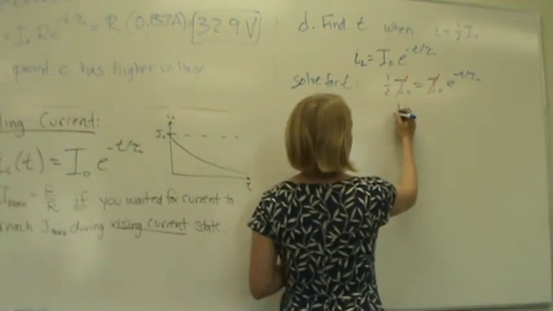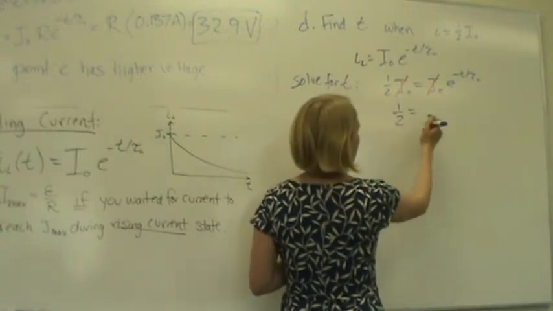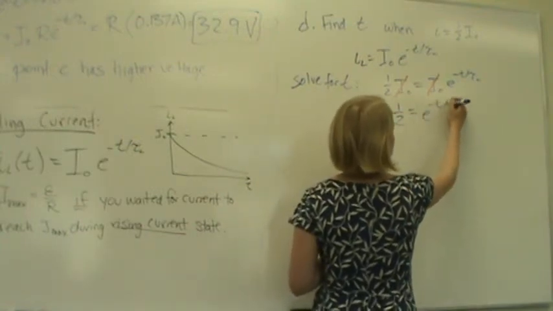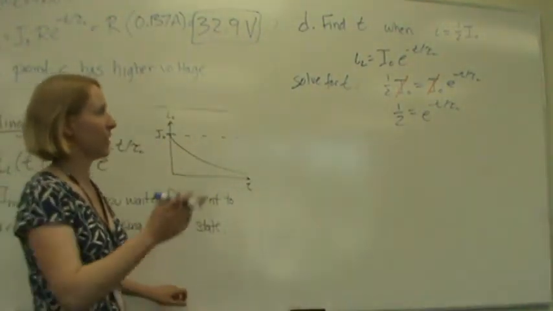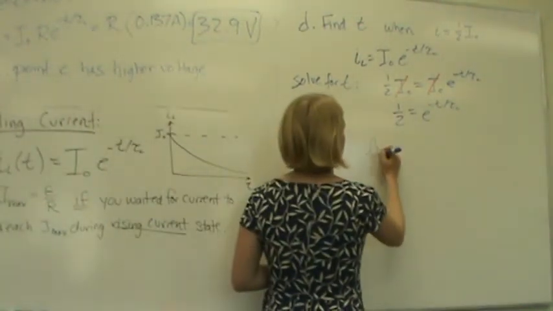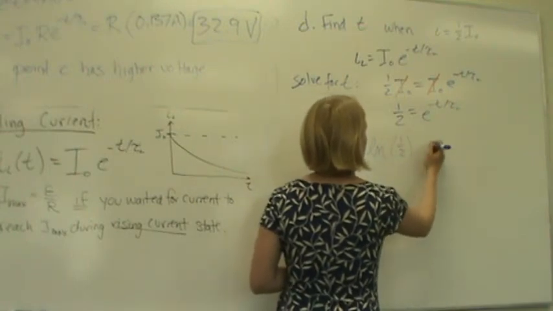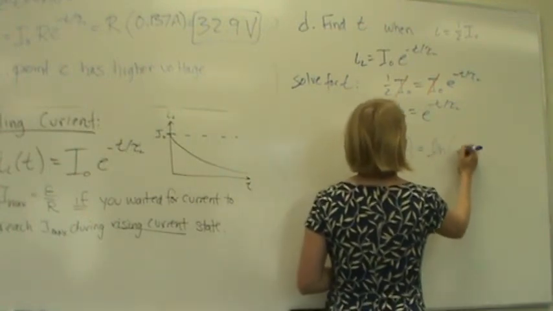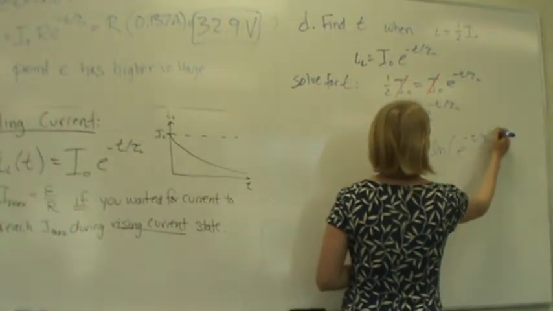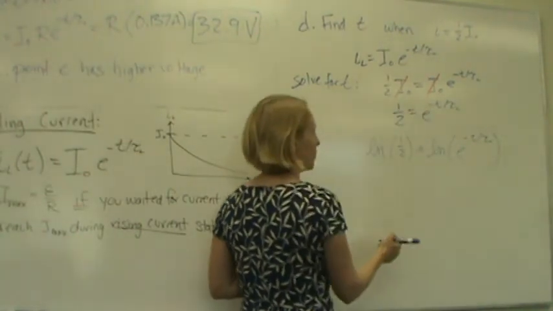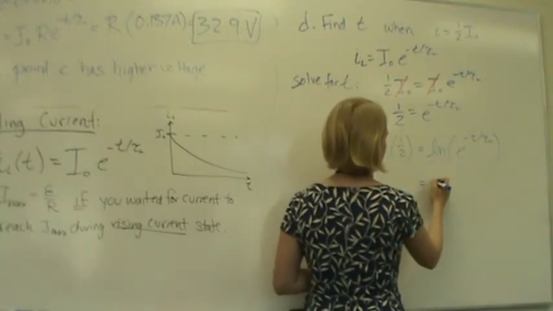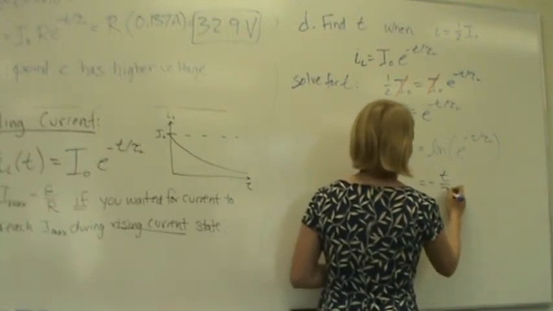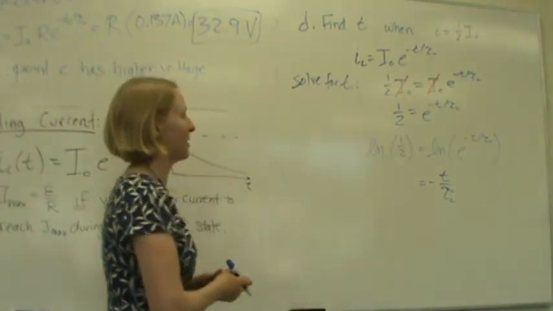Then we get 1/2 equals e to the minus t over tau sub L. Natural log. And what happens to the right-hand side when we take the natural log of an exponent? E dies a horrible death. All right, so we just get the exponent back.